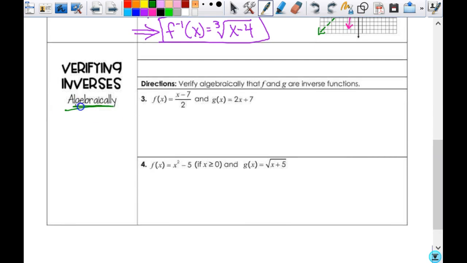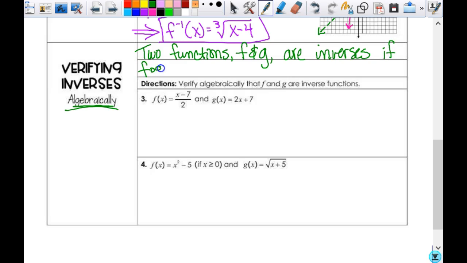Okay, algebraically. So 2 functions, f and g, are inverses if f of g of x equals x and g of f of x equals x.